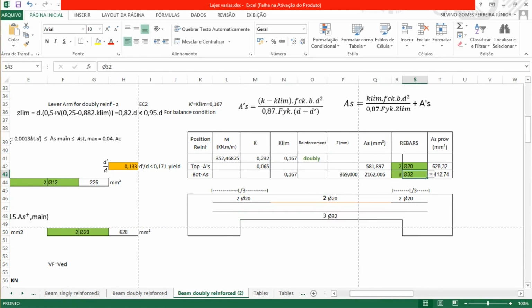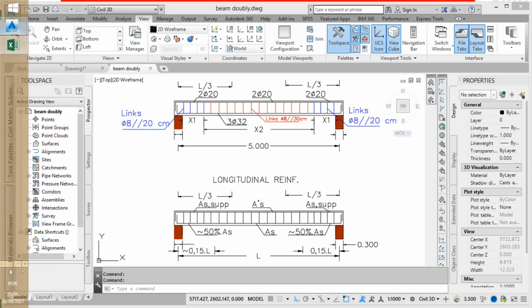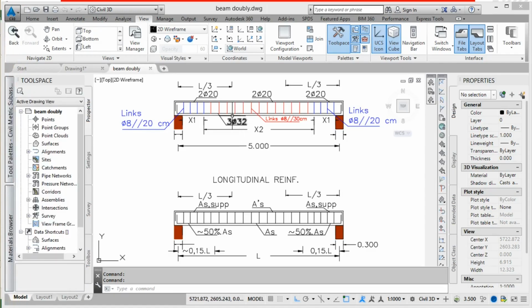We could call it in English H32, but 3 diameter of 32, and the distance on this other 50%, it will be 50% only of this 3 diameter of 32 here on the bottom. For me, we don't need more than 50%, one side and the other one close to the supports.